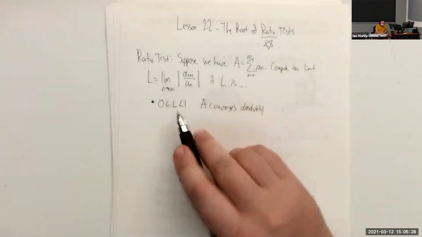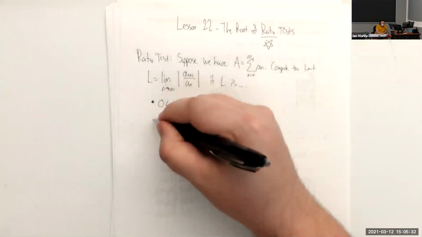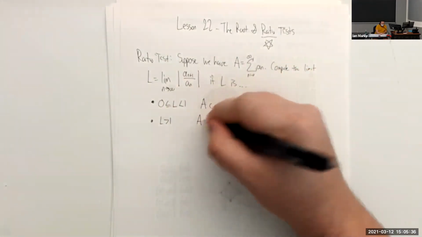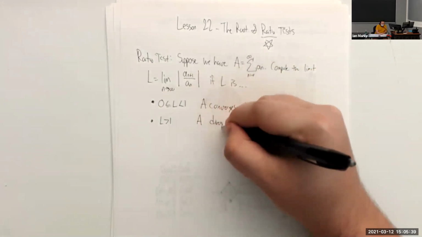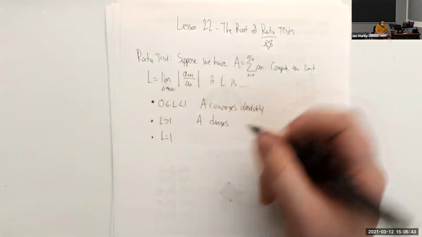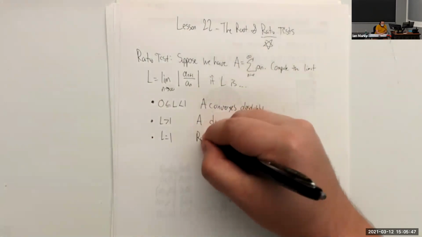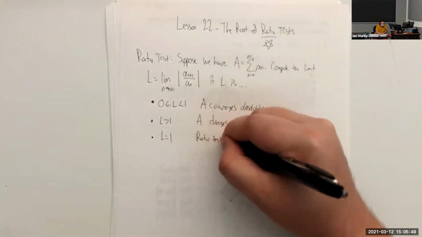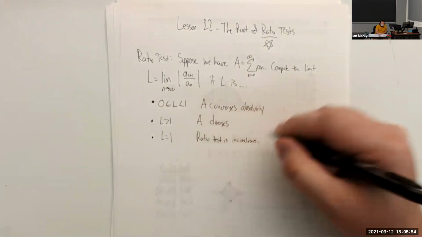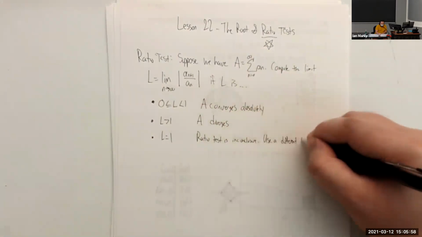So we get convergence if L is between 0 and 1, including 0 but not 1. If L is greater than 1, then the series A diverges. The one downside of the ratio test is that if we get L exactly equal to 1, then the ratio test is inconclusive, and we need to use a different test instead.